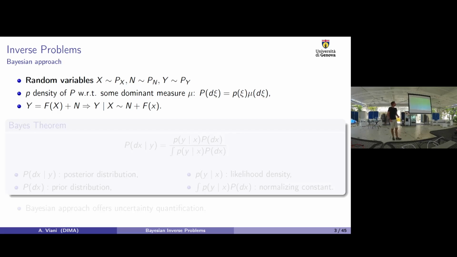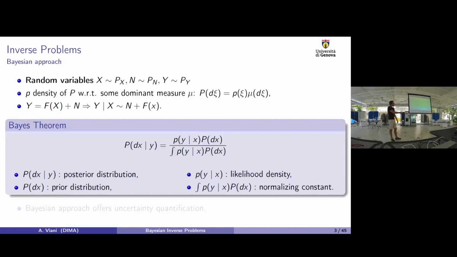Okay. And this is a common notation in probability theory or in Bayesian theory. When I write a p of dx, it's like writing down dp. It's a measure.